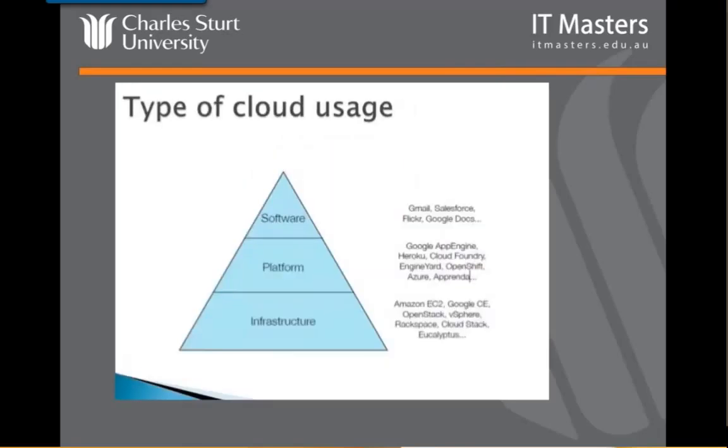So we covered three of them: the infrastructure, the platform, and the software. The software is the top layer. Example, Gmail, if you're in Australia, Optus Mail, if you're in Germany, T-Mobile, if you're in US, again, T-Mobile, email address, your Salesforce, your Flickr, etc. The platform is where you have your app engine.